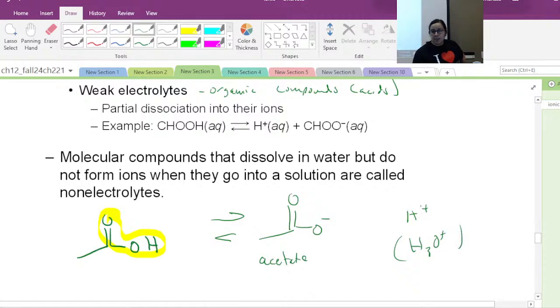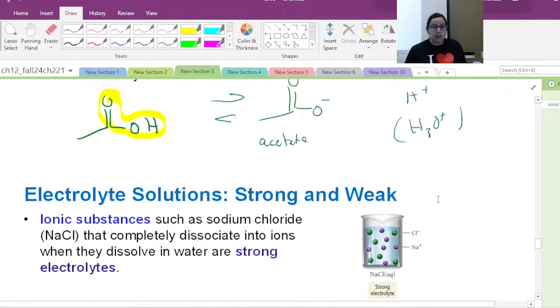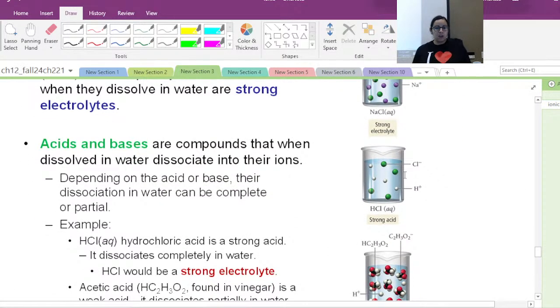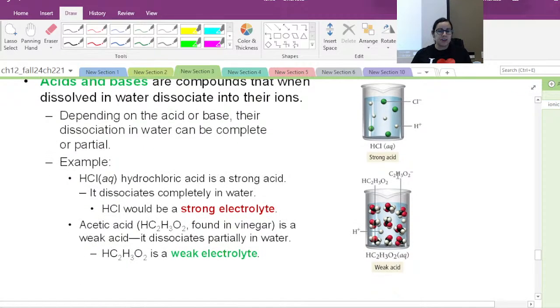So I've already gotten lazy, and I'm not writing hydronium. I just want to emphasize, H plus doesn't actually exist on its own. It forms hydronium. And then to compare that to a strong acid, now this is getting into a little bit of acids and bases, but we're just wanting to distinguish between strong and weak.